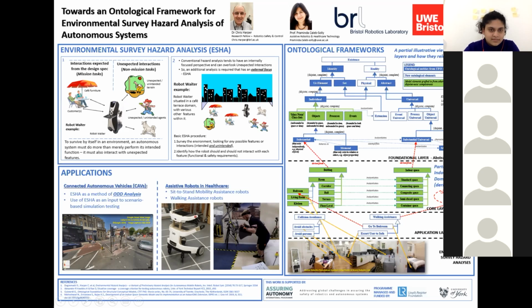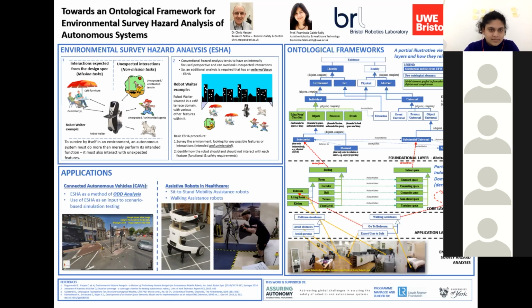We've been looking at ontology as a way of providing a knowledge representation model to underpin this analysis and provide stronger assurance that the methodology is complete and consistent as far as we can make it.